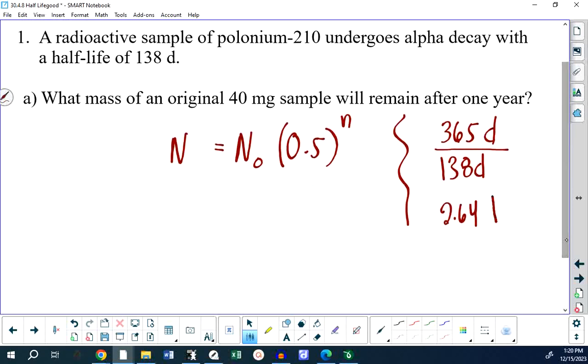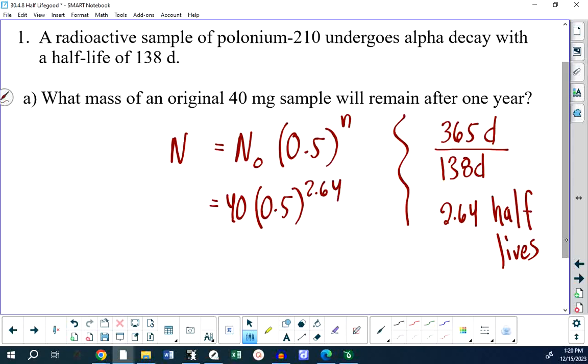You know, what are the units of this? They are half-lives. The initial quantity is 40 milligrams. So the quantity remaining after that period of time, I make a big deal of it in math, so I have a lot of math students here.